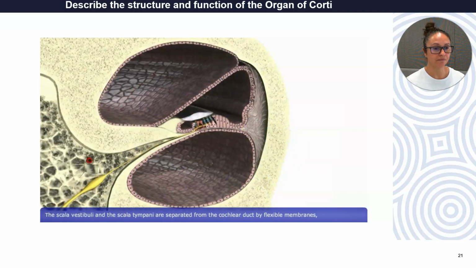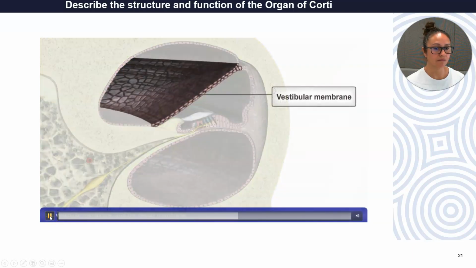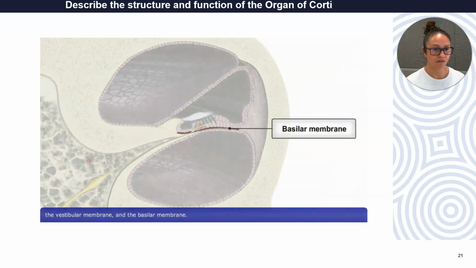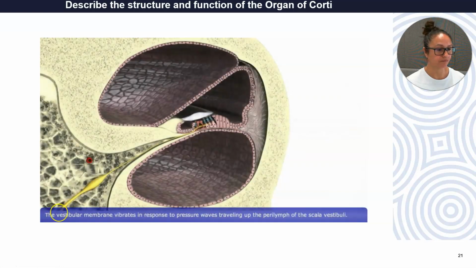The scala vestibuli and the scala tympani are separated from the cochlear duct by flexible membranes, the vestibular membrane and the basilar membrane. The vestibular membrane vibrates in response to pressure waves traveling up the perilymph of the scala vestibuli. So if you have a look, this is the up chamber and this is the down chamber. This vibration is transmitted through the endolymph to the basilar membrane.